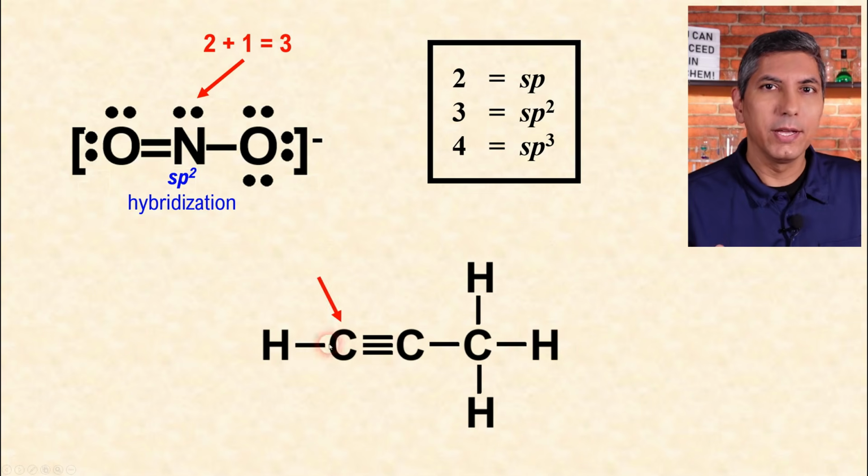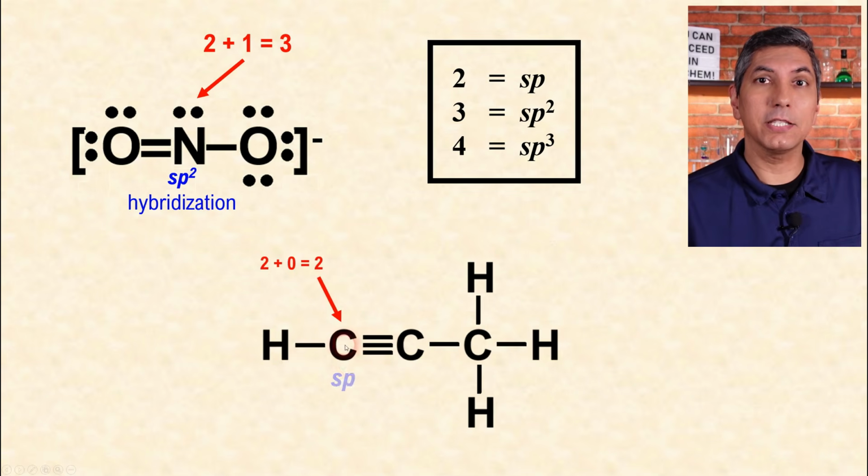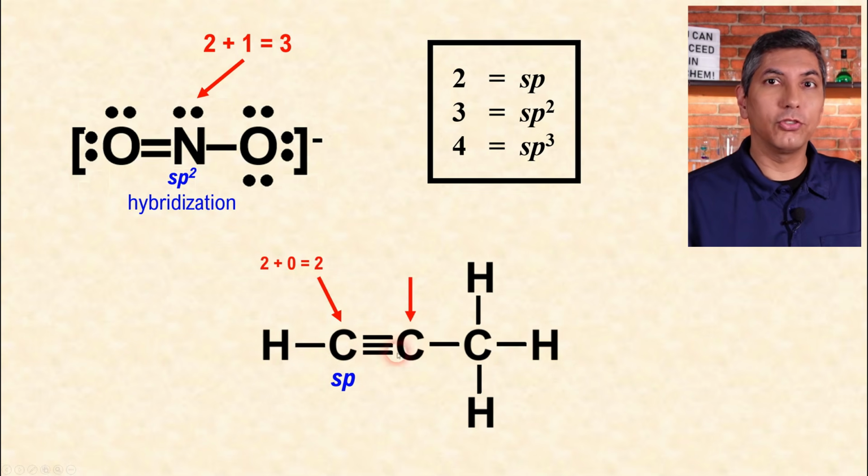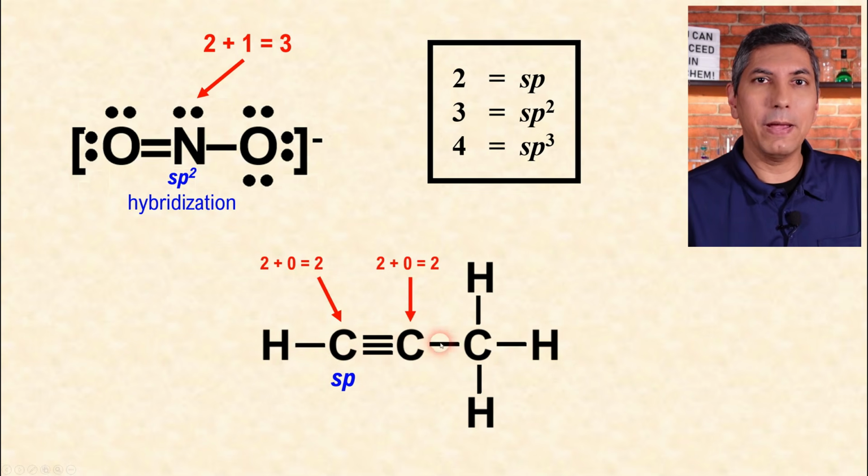And just like before, any structure with multiple central atoms will have a hybridization for each one of those central atoms. Carbon number 1 touches 2 atoms with 0 lone pairs, so that's 2 electron domains, giving it an sp hybridization. Carbon number 2 is the same way. It touches 2 other atoms with 0 lone pairs.